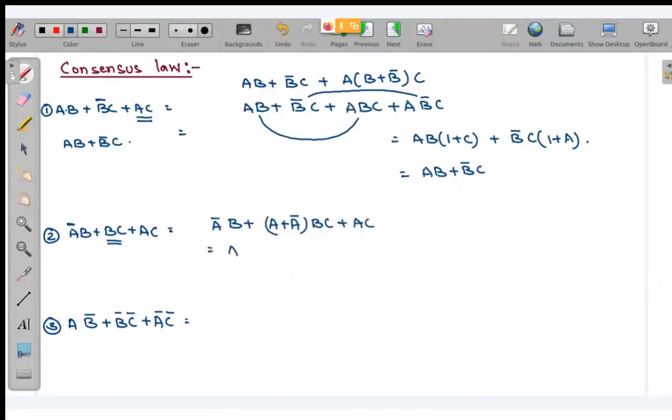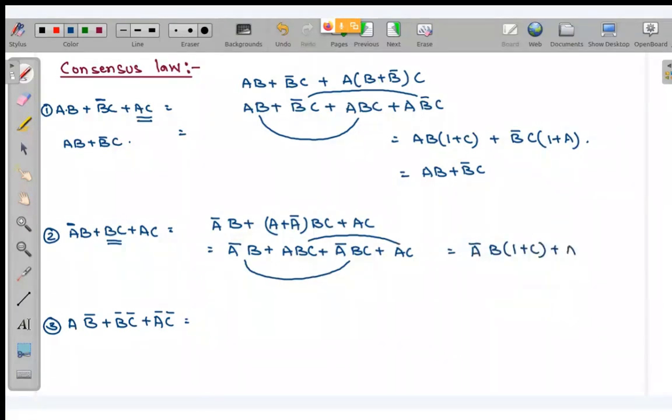Expanded, this will be A bar B plus ABC plus A bar BC plus AC. What shall I take common? This one and this one. A bar B is common, 1 plus C, and from here AC common, 1 plus B. So this is A bar B plus AC.